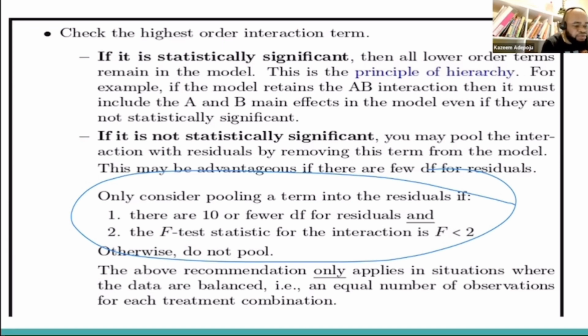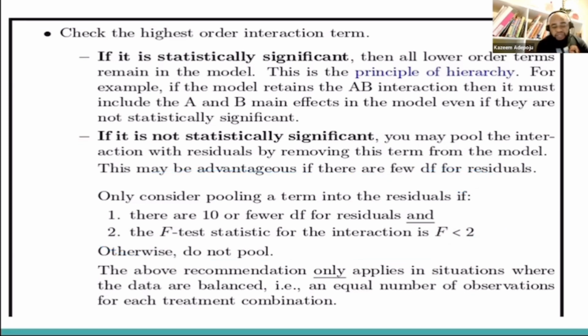In a situation where the F statistic for the interaction is less than 2, in the ANOVA table, the main effects have the F statistic, and the interaction also has the p-value that we got, which was based on the F statistic. So when the F statistic for the interaction is less than 2, we can also pull. Otherwise, do not pull.